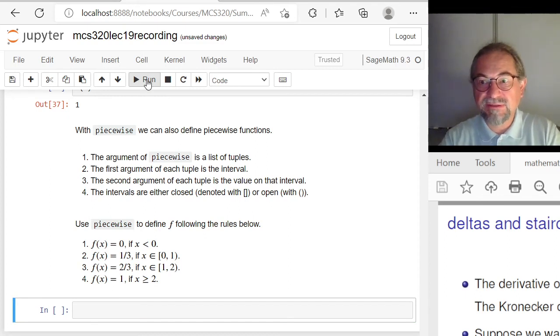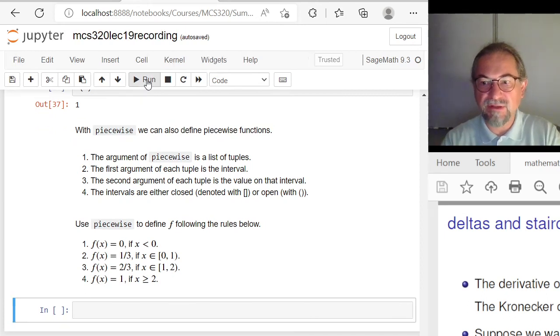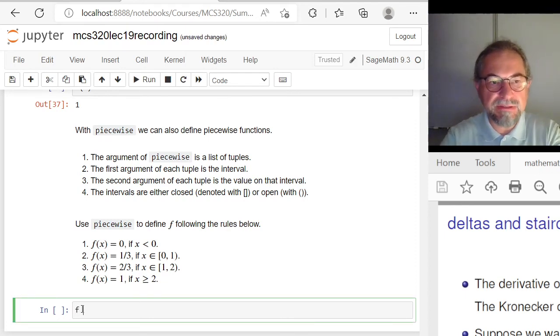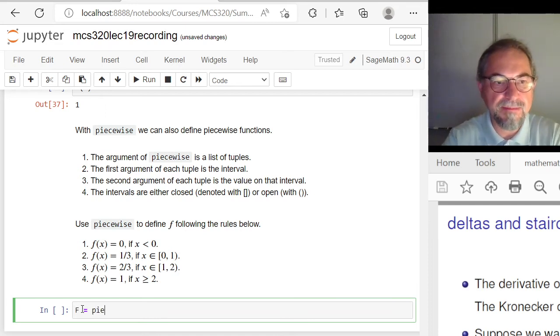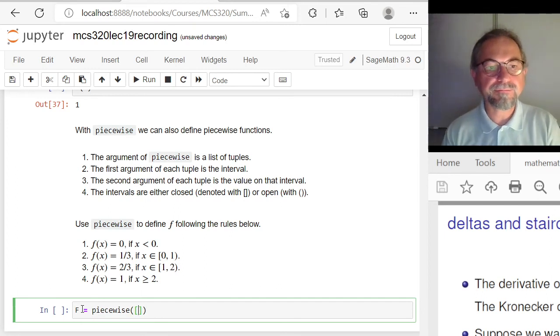So that was the last example on my slides, and I have ample time to do this, I hope. So piecewise, I will again use f, but let me use capital F now. Piecewise takes as input a list of tuples.